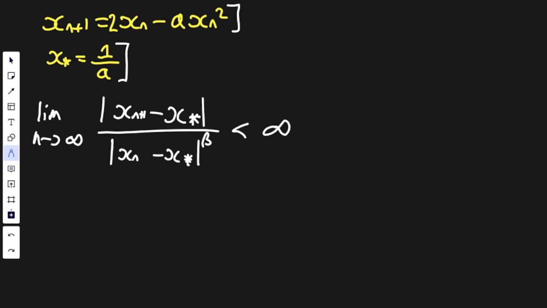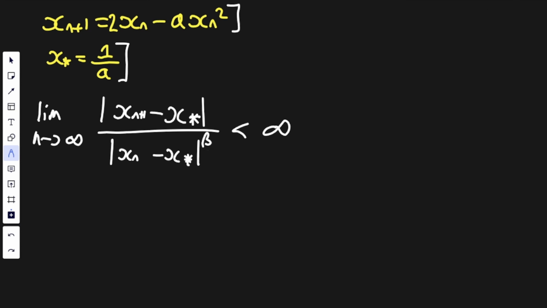Now, we're not going to worry about this definition. I'm using this limit because we're going to show how many decimals, or roughly how many decimals, we add with each iteration.